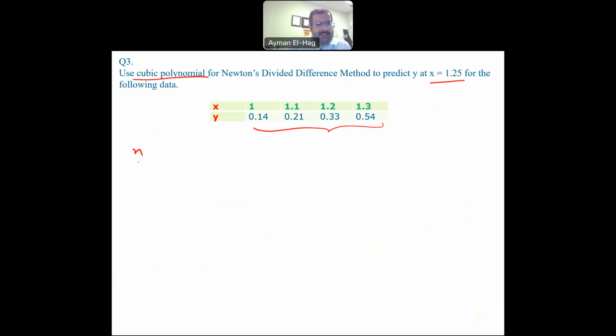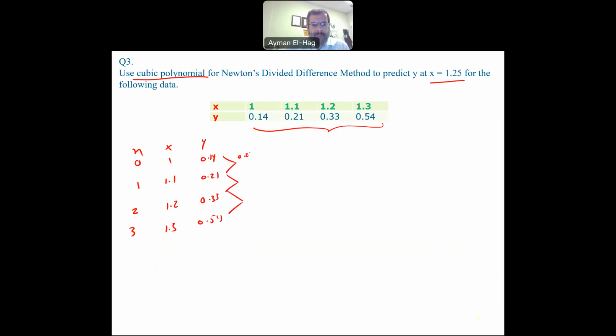Your n is 0, 1, 2, and 3, your x is basically 1, 1.1, 1.2, 1.3, and your y value is 0.14, 0.21, 0.33, 0.54. So now we move here.